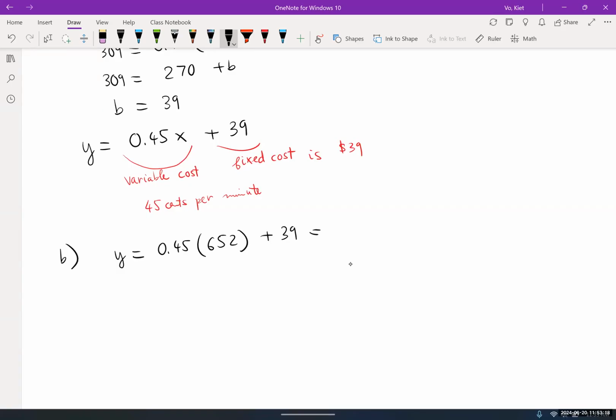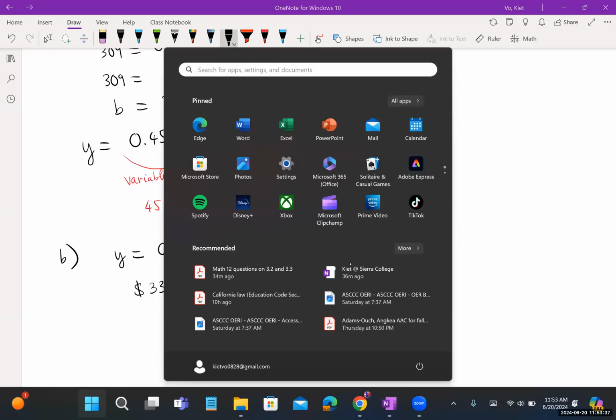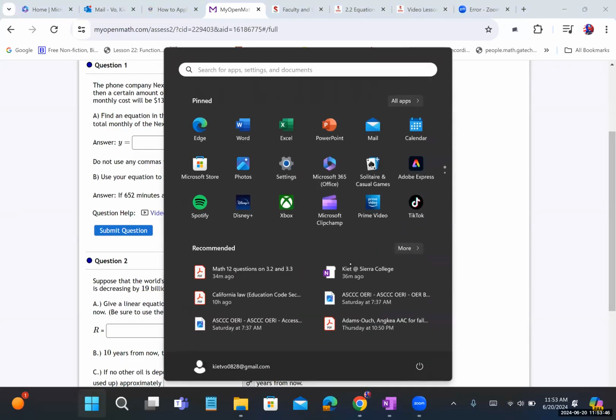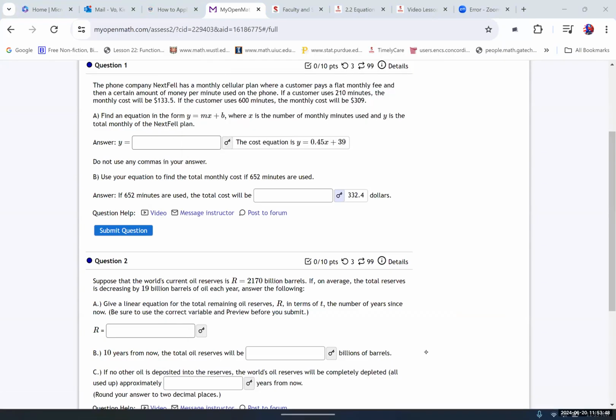I'll do this on my calculator, and I get 332.4. So it would cost $332.40. Let's go to the answer here and check it: 332.4. Okay, that's good. Hopefully that makes sense to you, and I will see you in the next video.